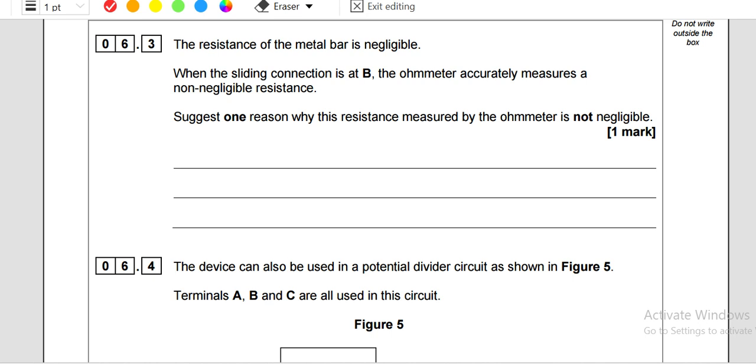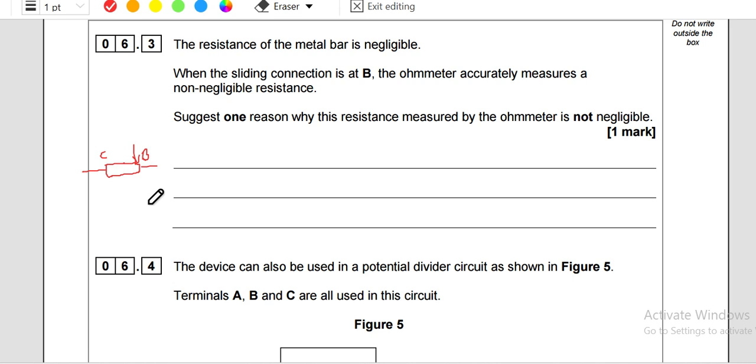Why, for the variable resistor, if we move the slider to B, which means that we almost have no length taken, although we did so, we still have a resistance.